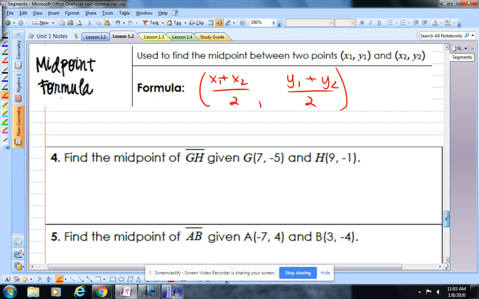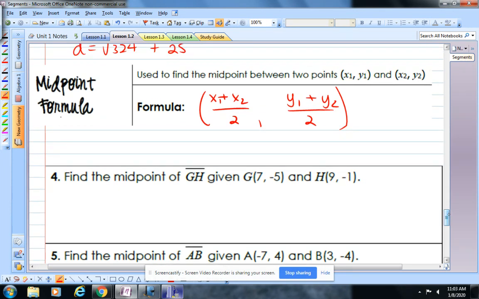So, number 4. Find the midpoint of segment GH, and G is this, and H is this. Okay, so those are my two endpoints. So to find the midpoint, I'm going to add my x's, parentheses 7 plus 9 divided by 2, and then add my two y's, negative 5 plus negative 1 divided by 2. Keep them in ordered pairs, put a comma in between.